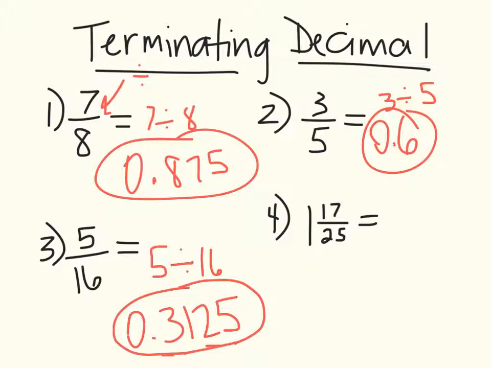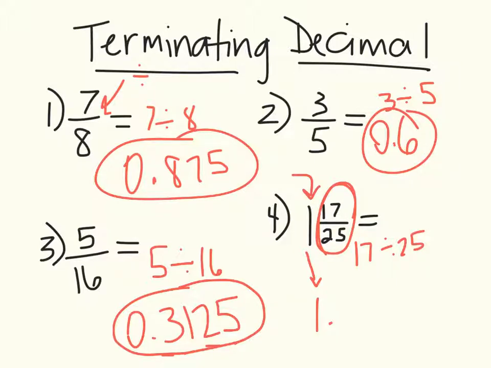The last example that I want to take a look at is a mixed number. And with a mixed number, this is going to actually become a mixed decimal. Basically, a mixed decimal is a decimal that is attached to a whole number. Because we have this 1 out in front as a whole number, we are also going to have a 1 in our decimal. Now we just need to focus on changing 17/25 into our decimal equivalent.